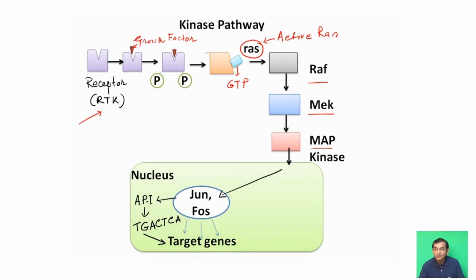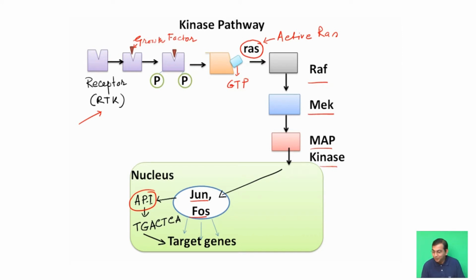Now cytosolic signals will pass to the nucleus and activate two genes, Jun and FOS. Jun and FOS synthesize a dimeric protein called AP1, the activator protein. One monomer is synthesized by Jun, another monomer by FOS.